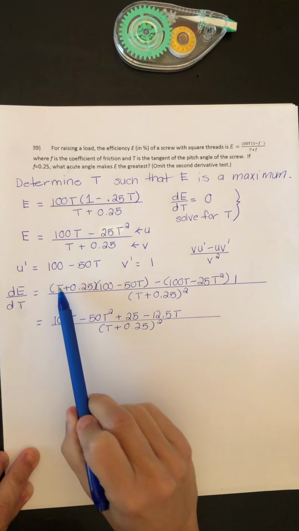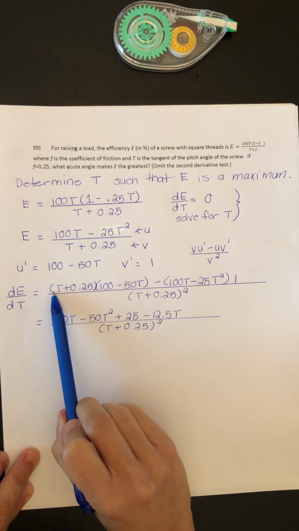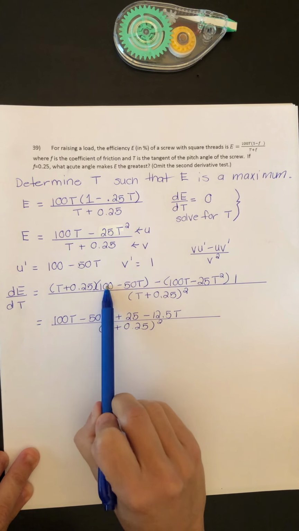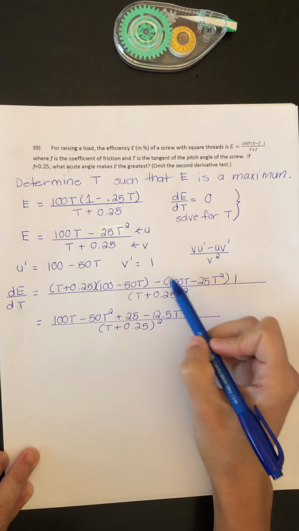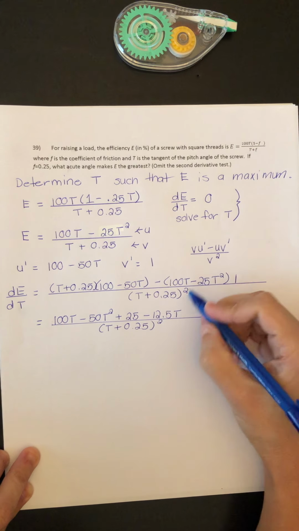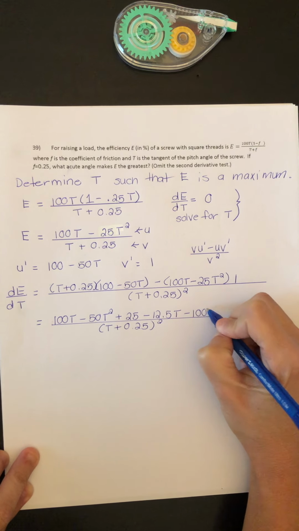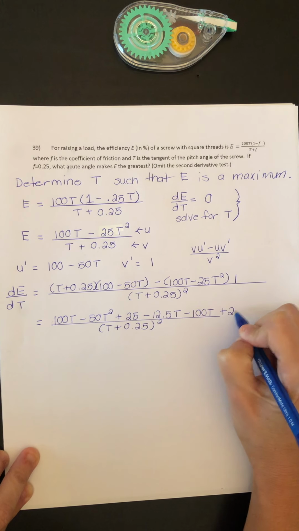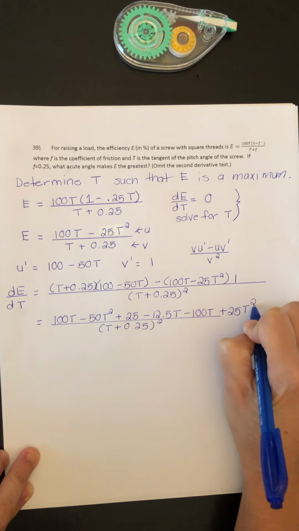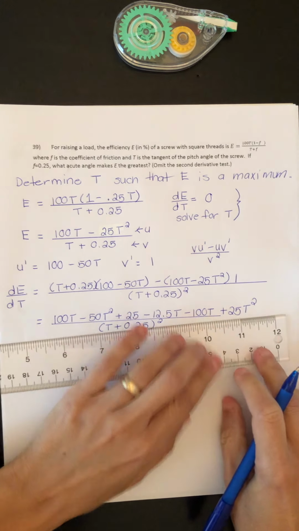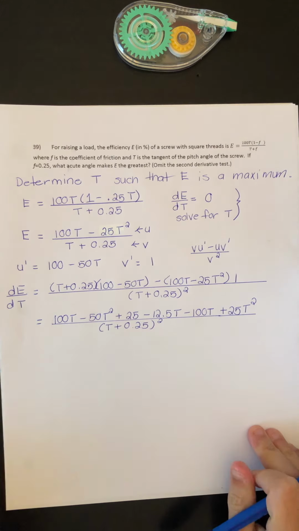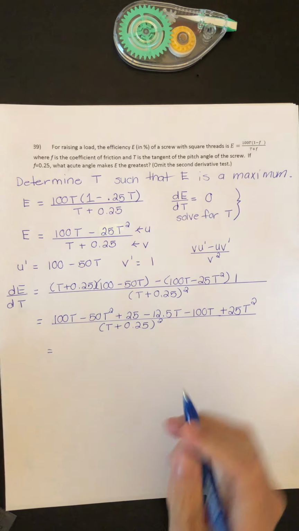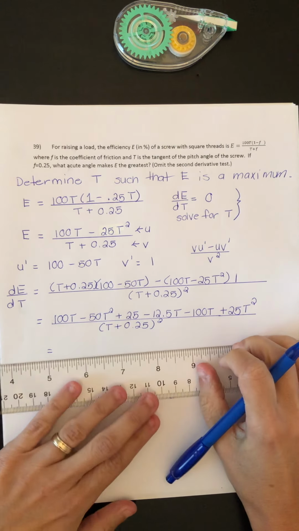First, outside, inside, last. And I got those 4 terms. And now here we're bringing -1 inside, so this will be -100t and positive 25t squared, like that. Now let's collect our like terms in that numerator.